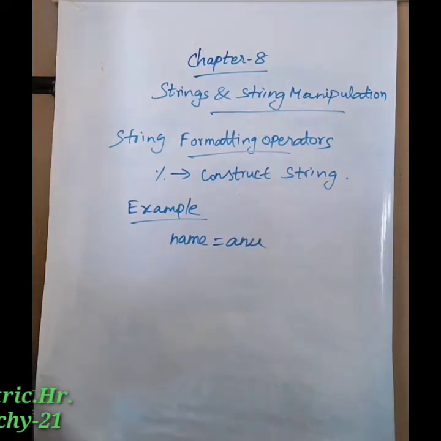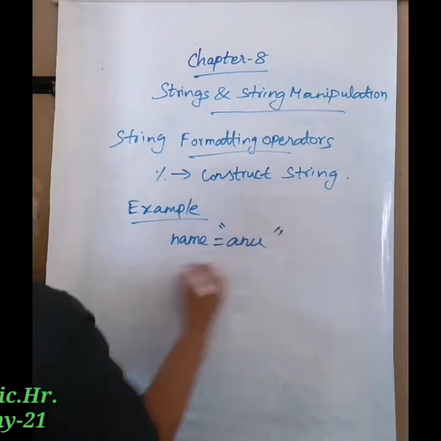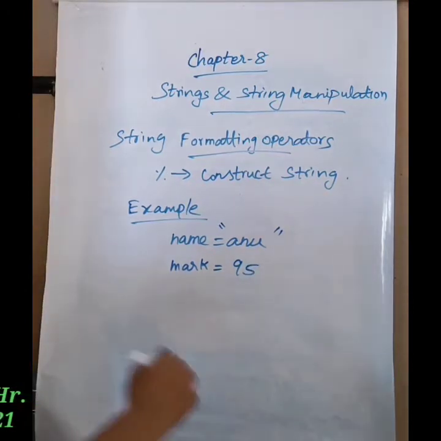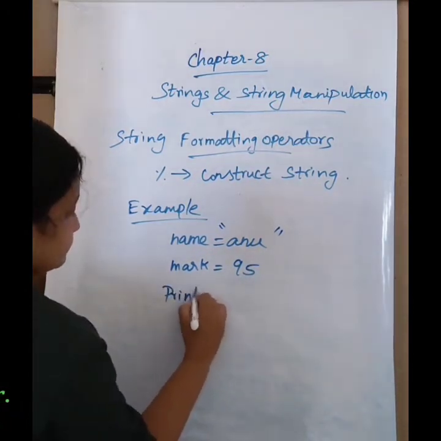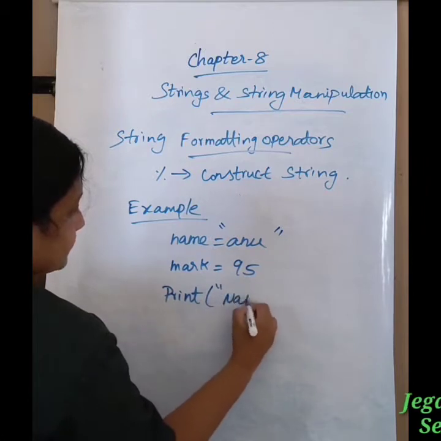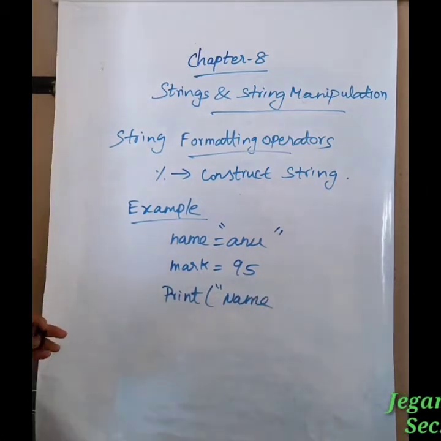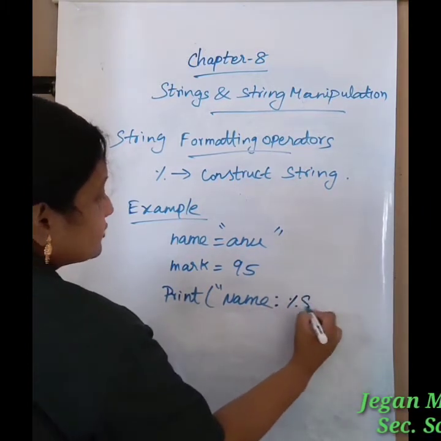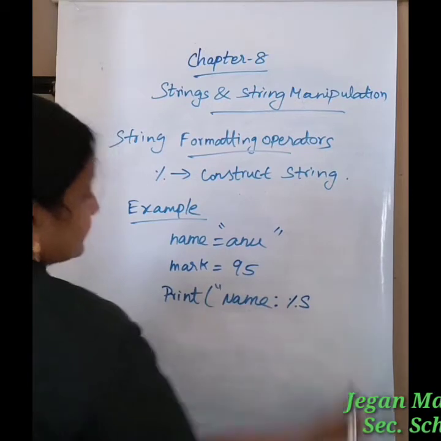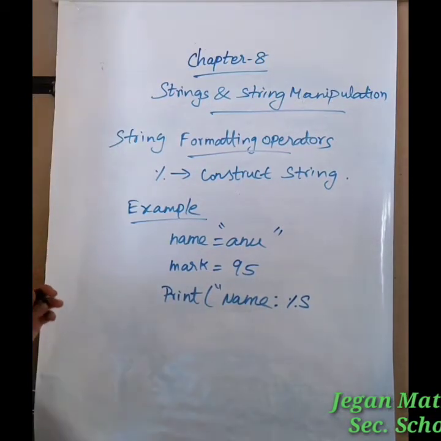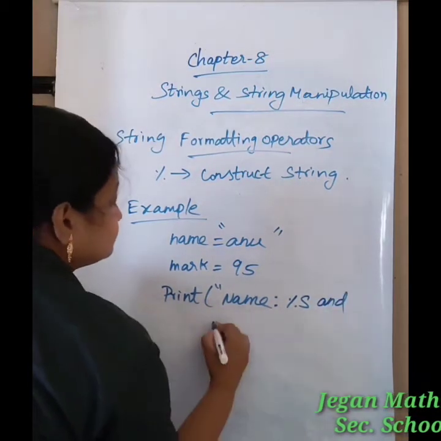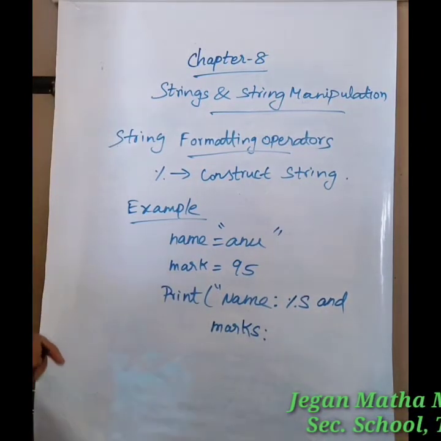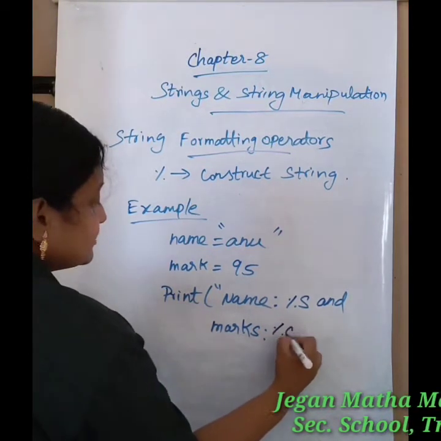We are going to store the value name Anu, marks 95, then print name. Name is a string, so here we used %s, and the next one is marks. Marks are numbers, so numbers means integer. For that we used %d.